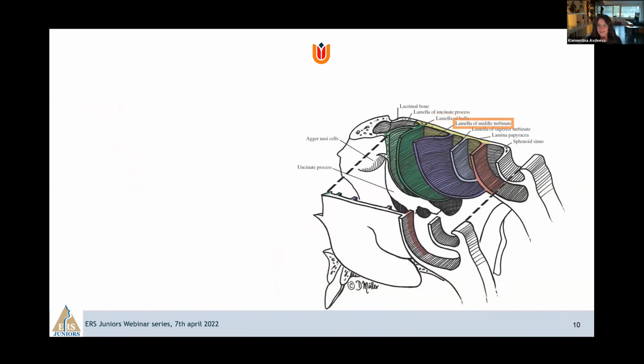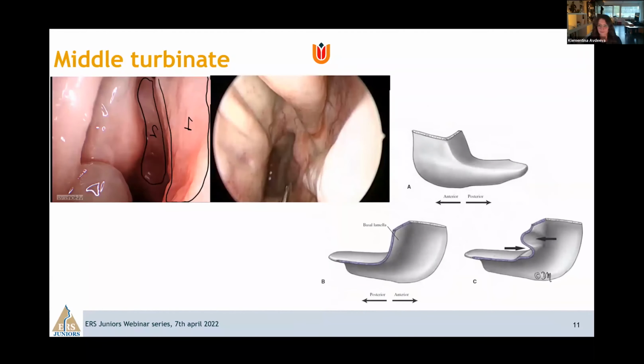So moving to the next, the lamella of the middle turbinate, this is lamella number 3. The middle turbinate is not just a structure that hangs into the nasal cavity. It has an interesting geometry with 3 parts: vertical part, horizontal part, and basal lamella. This is the vertical part, this is the basal lamella, and this is the horizontal part. The basal lamella is not necessarily a simple line.